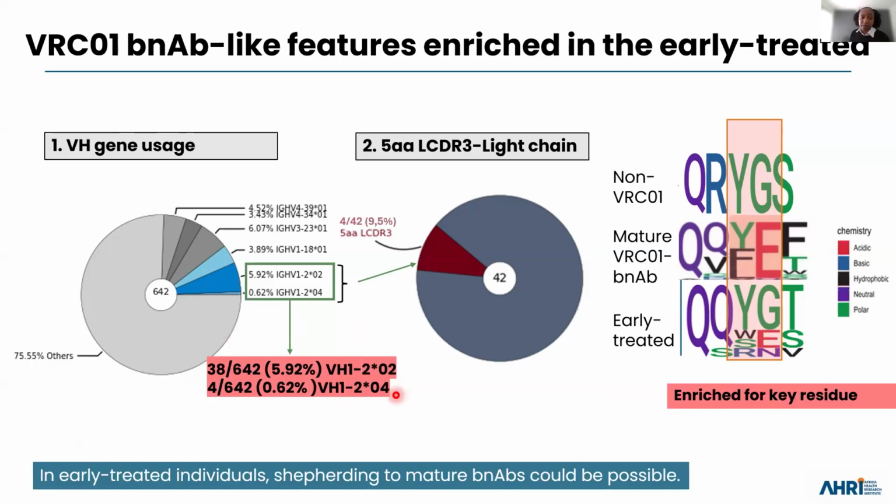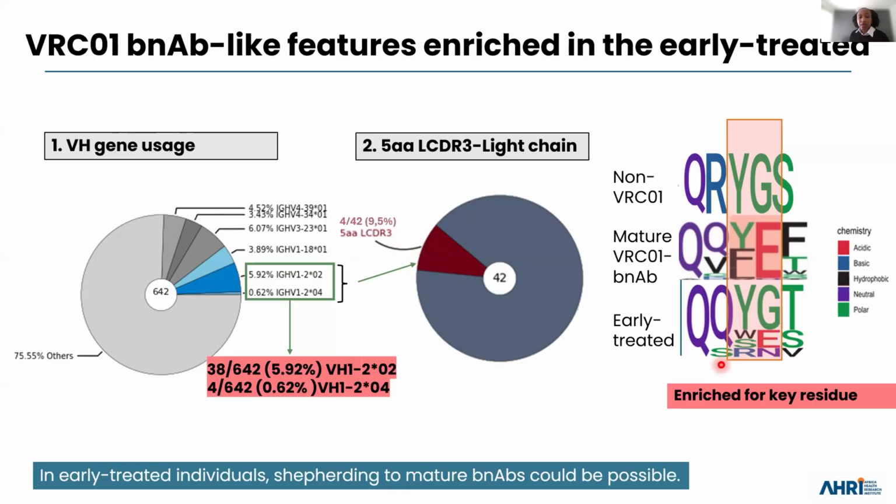From that percentage, the ones that also harbor the correct light chain, we only had about 9.5% of those. So they are still present. They are there, even if it's a lower percent. But we expected this because we know that this class is very rare.